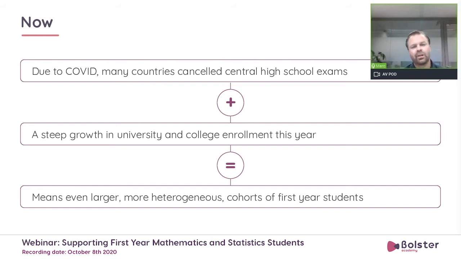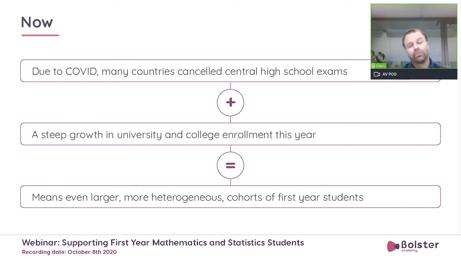First, apart from the fewer classes they had in high school, in quite a few countries high school central exams were cancelled altogether, and there is higher enrollment because of these cancelled exams, and the fact that many students don't take a gap year anymore. So the new influx of college or uni students is both higher and more heterogeneous than ever before.